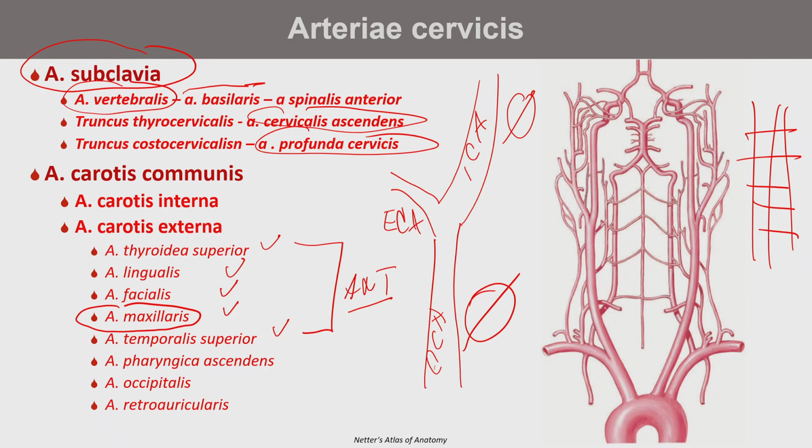The most top is the superficial temporal artery. Then we have two which are typically counted as dorsal, the occipital and retroauricular artery. And one remaining, the ascending pharyngeal.